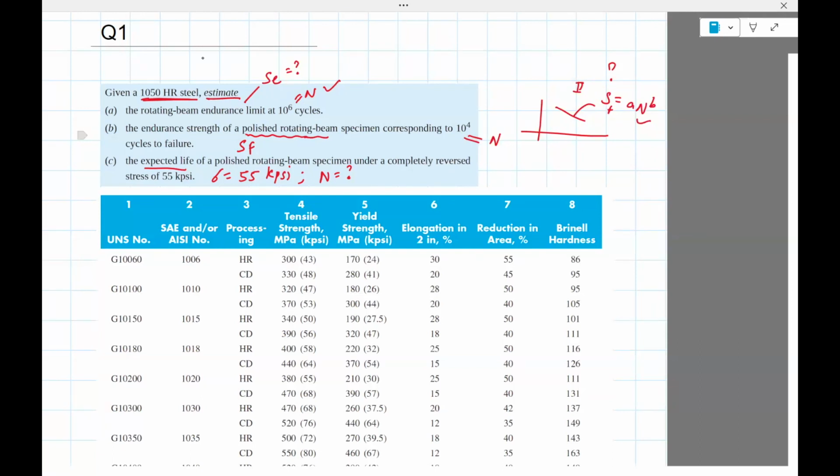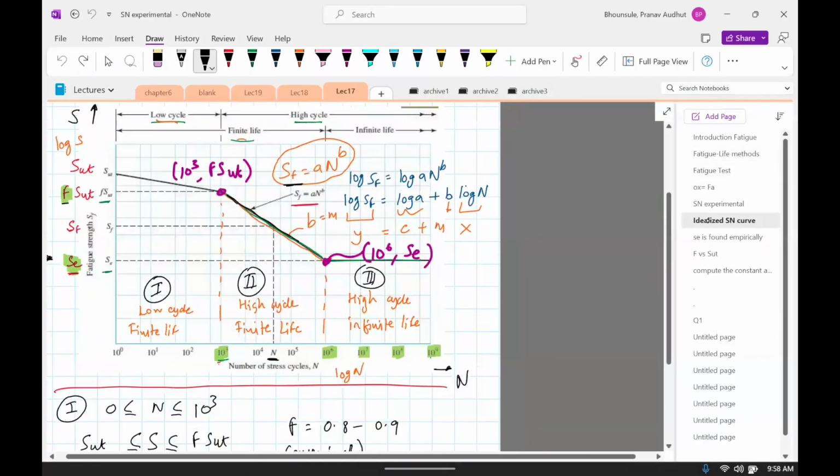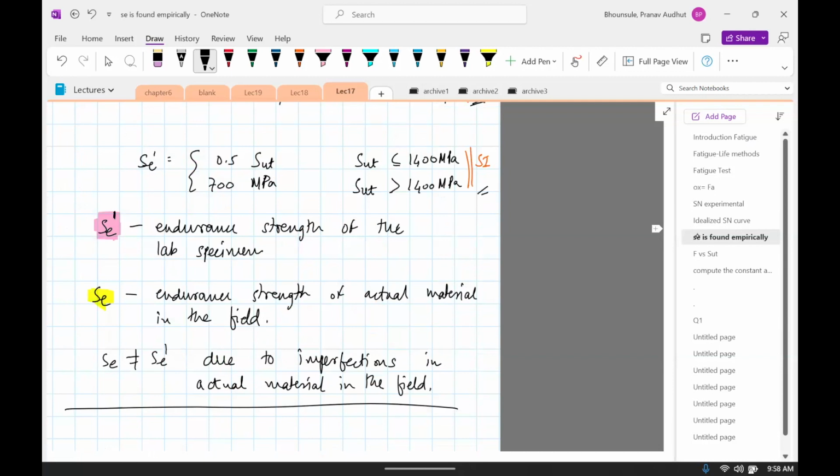So why 10 raised to 6 cycles? Well, if you look back at the idealized curve, you see that at 10 raised to 6, it's basically SE. This is in region 3, where you need to compute the endurance limit. So the question is, how do we compute the endurance limit? We saw that to compute the endurance limit, we have to use these formulas.